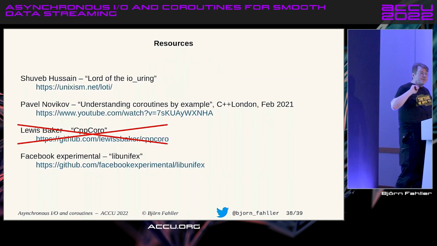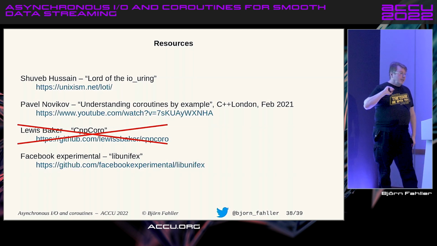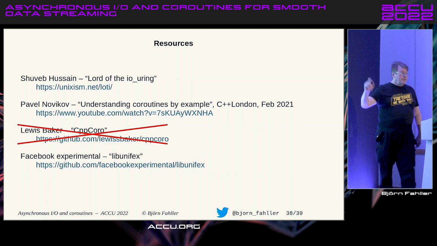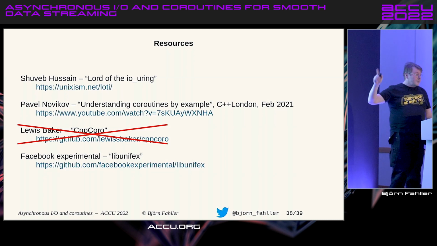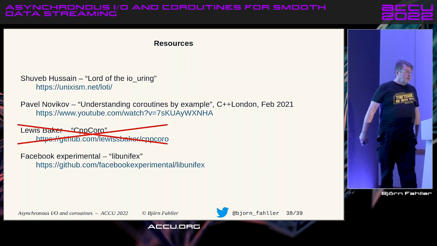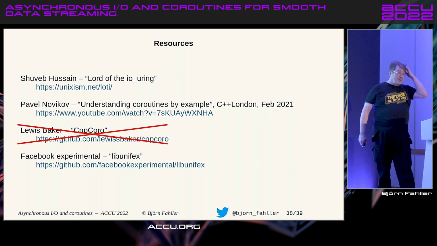Looking a bit at resources for further study. If you want to get into the io_uring on Linux, Shuveb Hussain's Lord of the io_uring is a really good source. Very accessible, easy to understand, good documentation. I recommend it strongly.